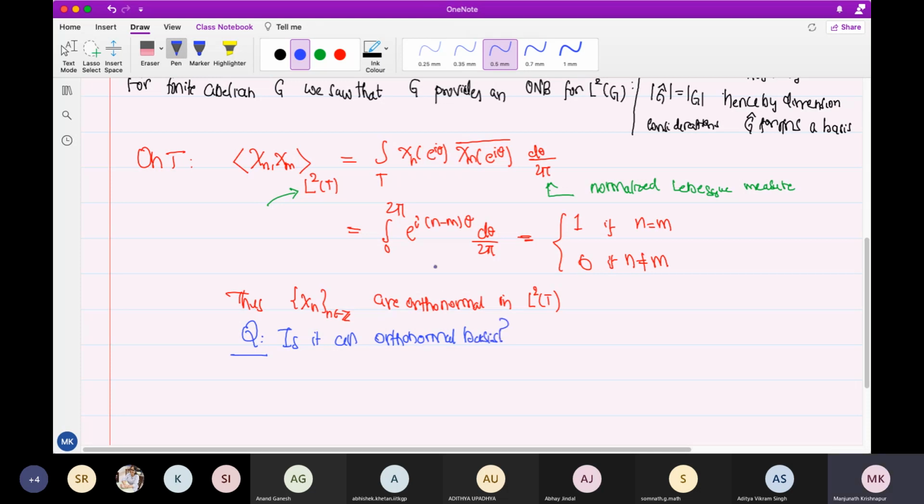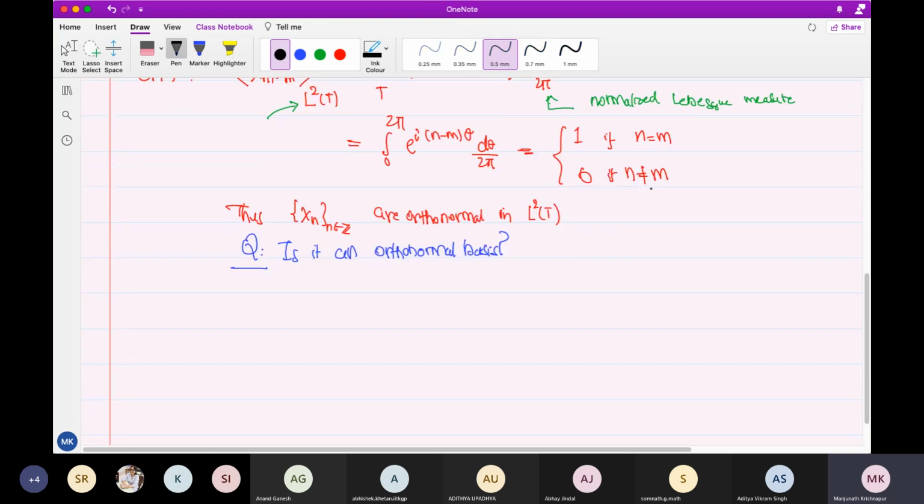Okay, so that is asking whether this orthonormal set is actually a basis. Let's very quickly recall some very basic points. If you have H, a separable Hilbert space, what that means is it has an inner product which induces a norm.